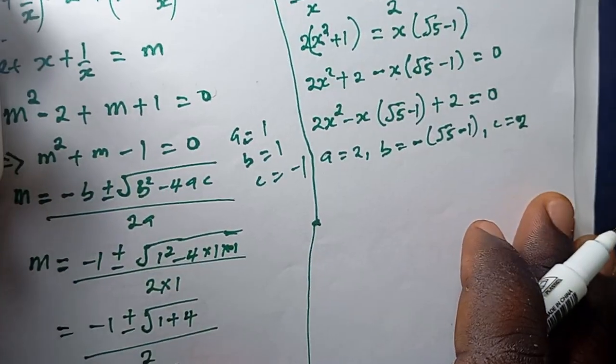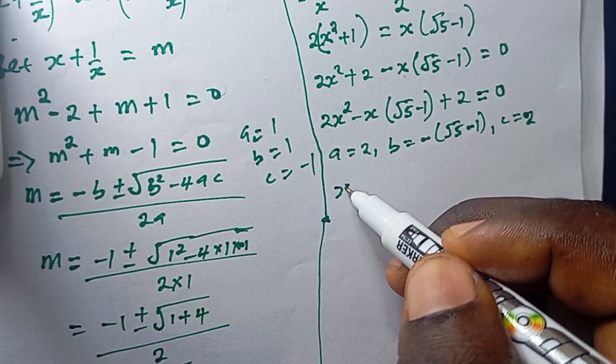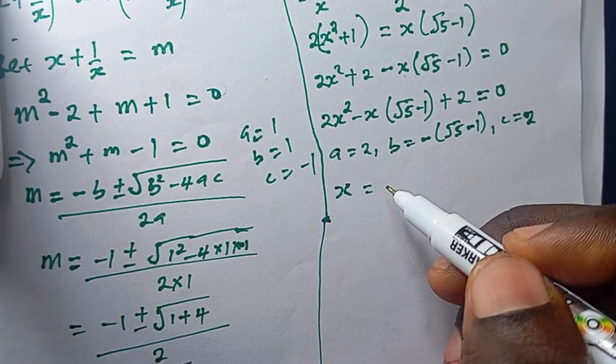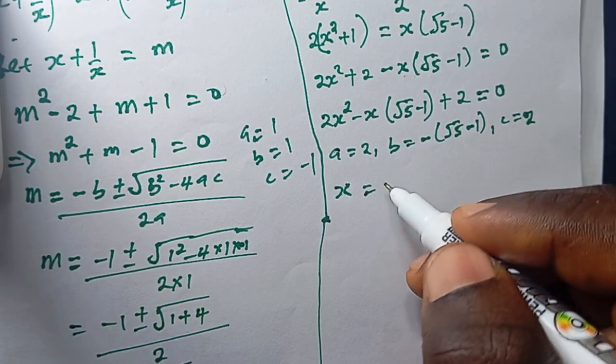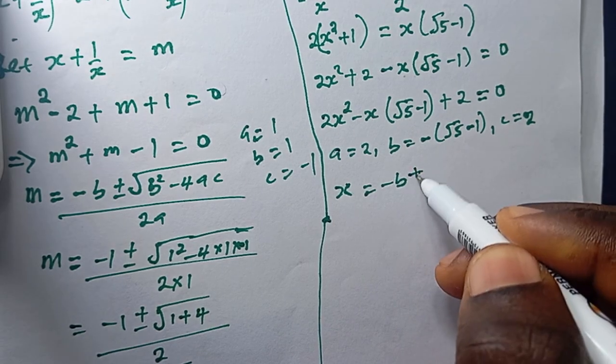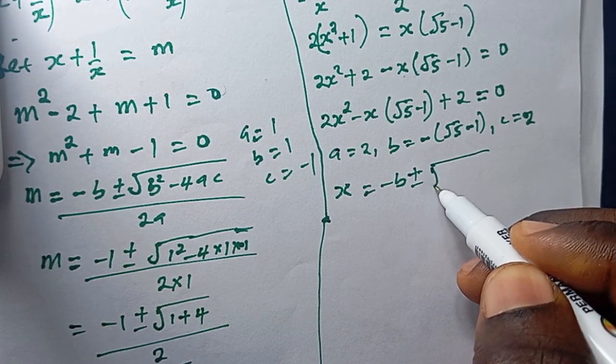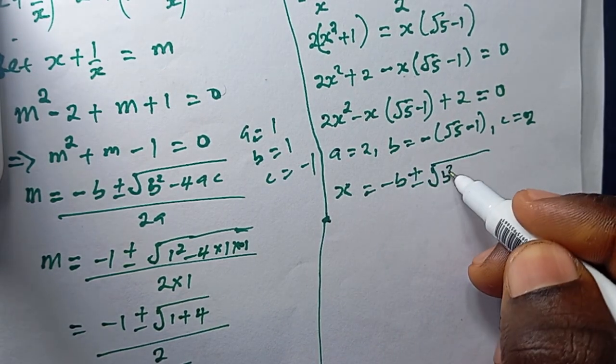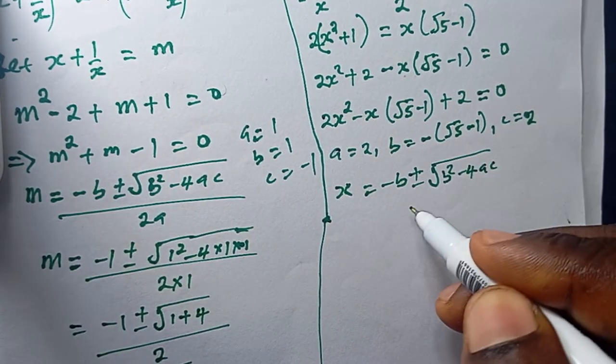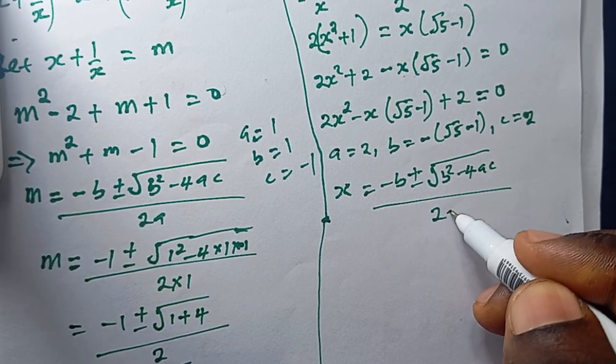So substituting in the formula method, our x is now going to be equal to minus b plus or minus root b squared minus 4ac all divided by 2a.